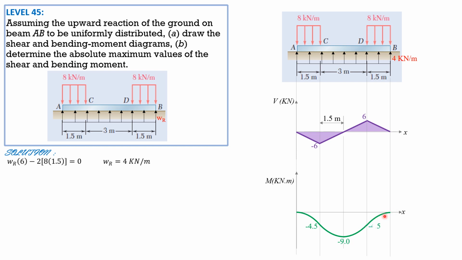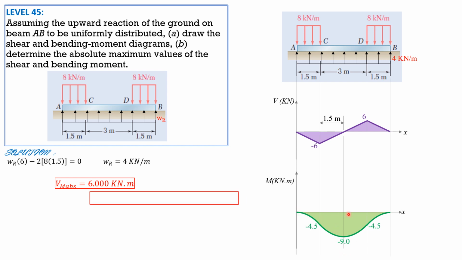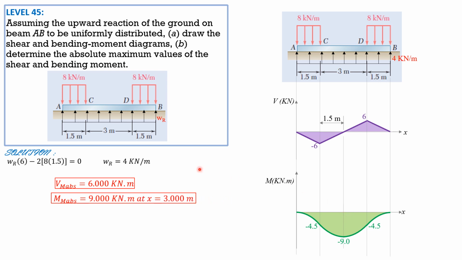So that makes it 0 because this is negative 4.5 plus the area of this triangle, which is 4.5 also. So that's the moment diagram. And the absolute maximum value of the shear is 6, while the absolute value of the moment is 9, and it occurs at x equals 3 meters. So that's it for this video.